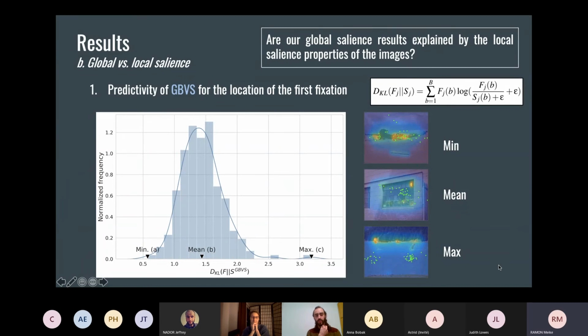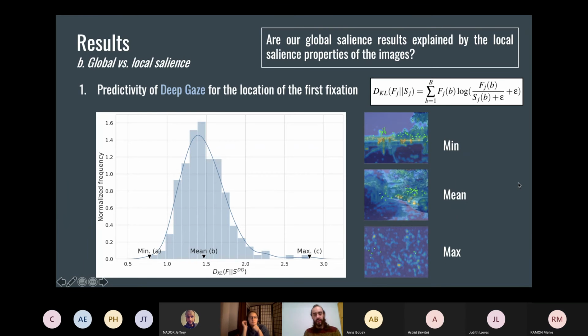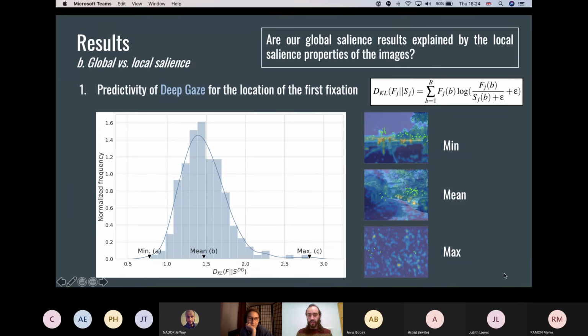Yeah, you can go to the next one, which is DeepGaze2. So here, maybe this is a little bit strange, or I went through it very fast, but what you can see on the right is the local salience map computed with DeepGaze. So that's the heat map. And then you see the green dots, which are the locations of the first fixations of our participants in our experiment.